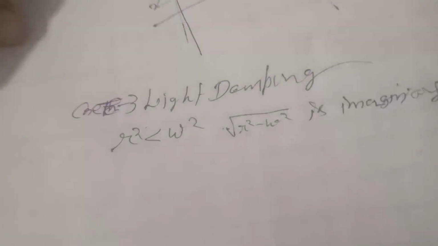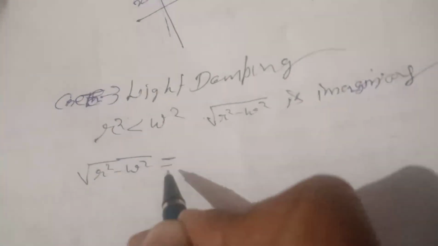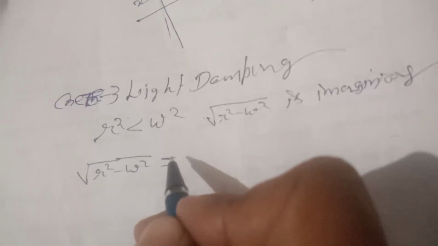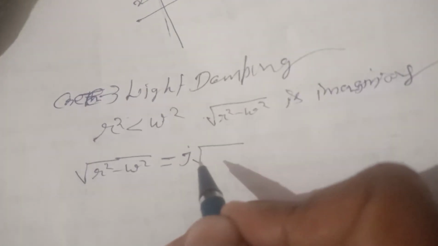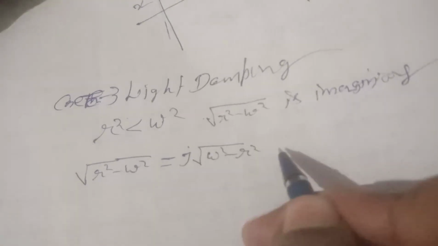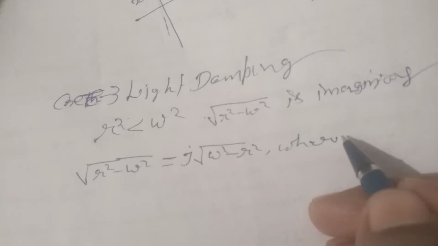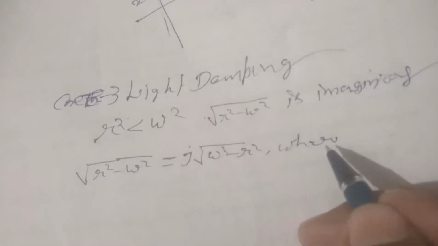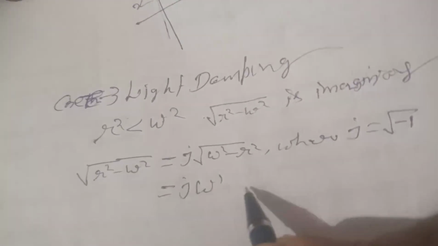So we have to write it in the imaginary form, that is under root r square minus omega square as j into under root omega square minus r square, where j equals under root minus 1, and it can also be written as j omega dash.